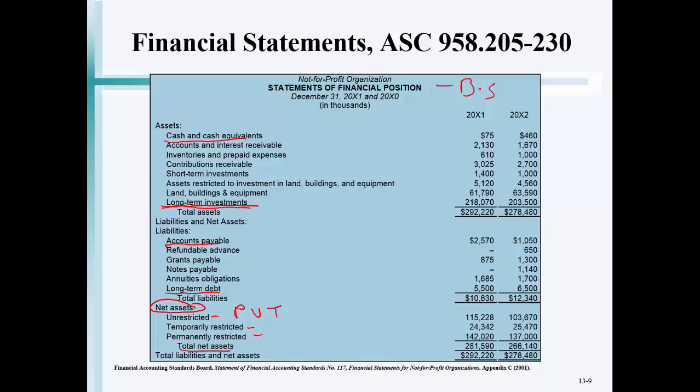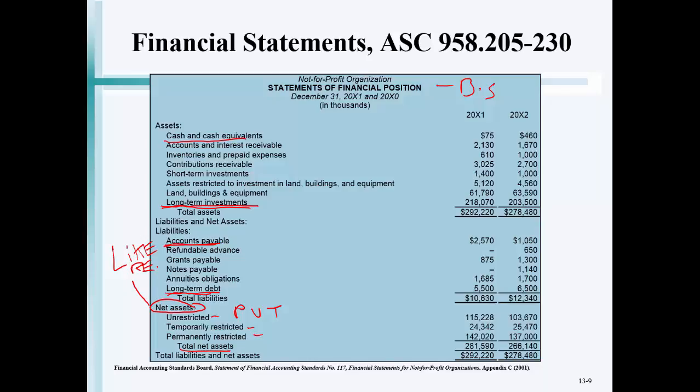We're on full accrual accounting now, aren't we? Same thing for liabilities. We have current and non-current. And then we come down to our net assets. What's net assets like? Good. It's like our retained earnings. And then again, we break them into our three categories.